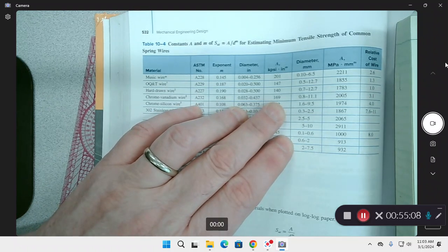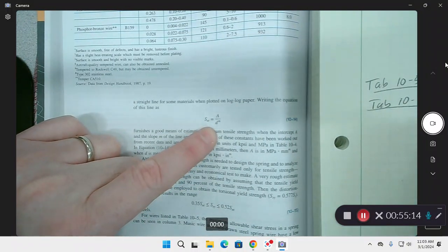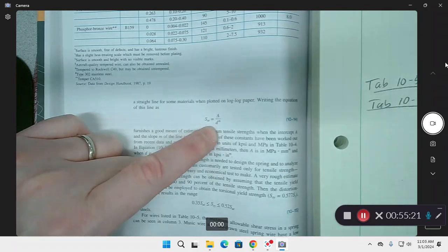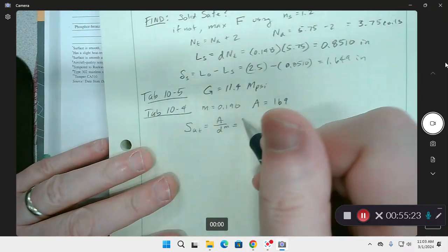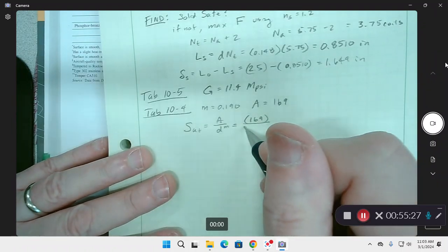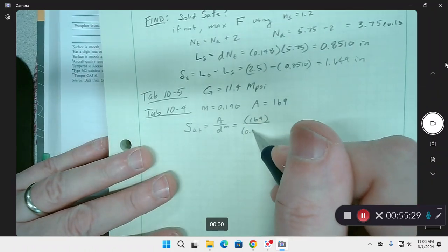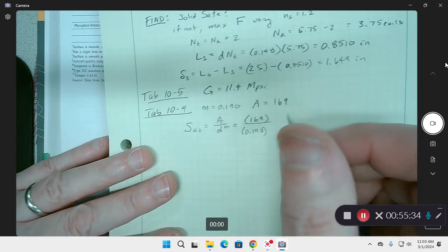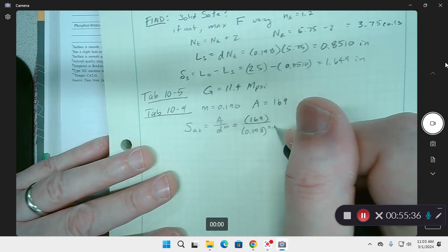Yeah, A is 169, and we use that to find the ultimate strength, so might as well do that while we're here. A over d to the m, and so we got 169 over 0.148 raised to the 0.190.